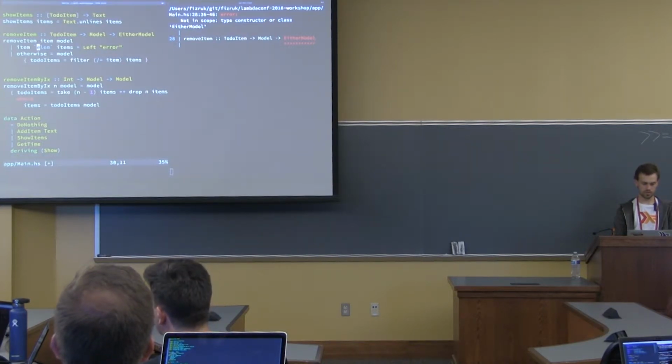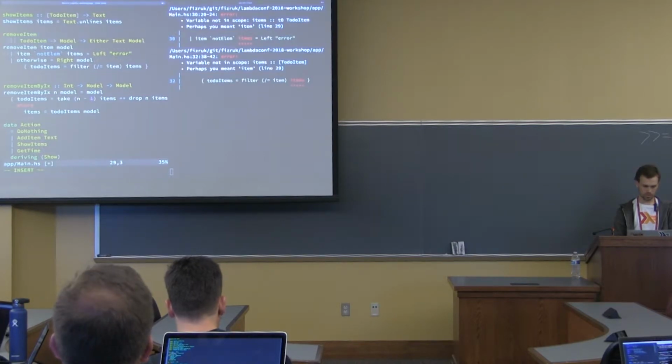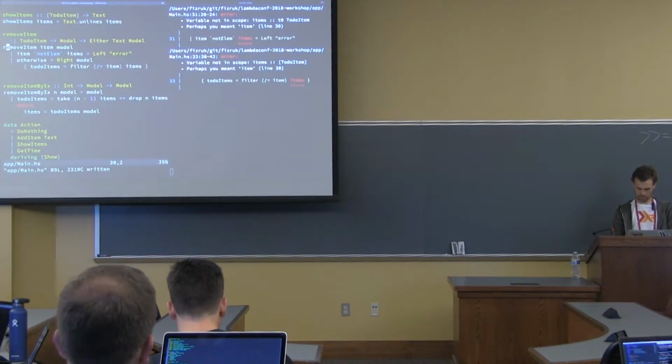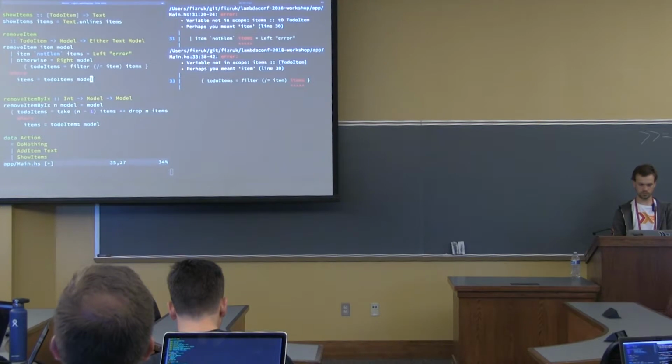Yeah, right, exactly, not elem. And here we're going to have Right model, and the type is going to be Either Text Model, right? Now, elem items, and we now have to define items. So items is toDoItems of model.